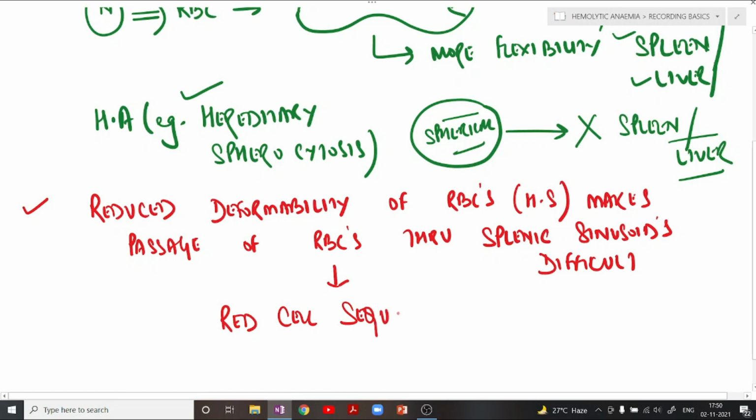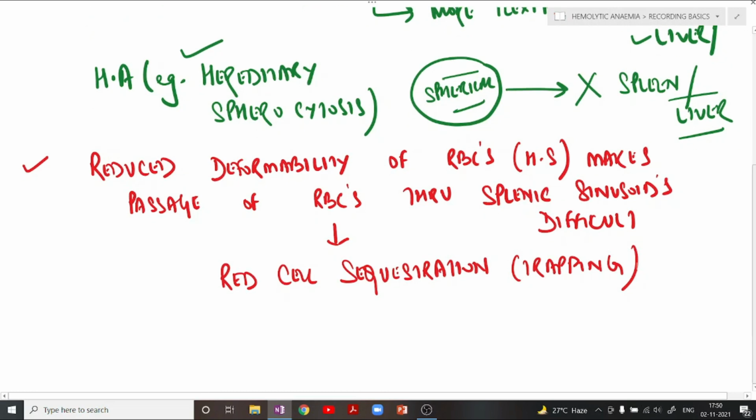There will be red cell sequestration. What is the meaning of sequestration? It is going to get trapped. Okay, there will be trapping of the red cells inside the spleen. And you know that the spleen contains the phagocytes, the macrophages.